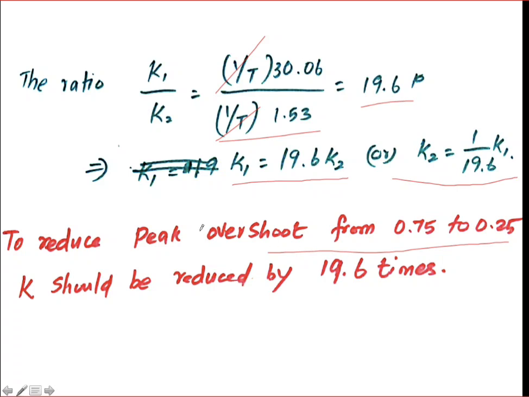If you really want to reduce the peak overshoot from 0.75 to 0.25, you have to reduce the value of k from k1 to k2, that is 19.6 times. You have to reduce the value of gain to reduce the peak overshoot from 0.75 to 0.25. This is the answer for this particular problem.